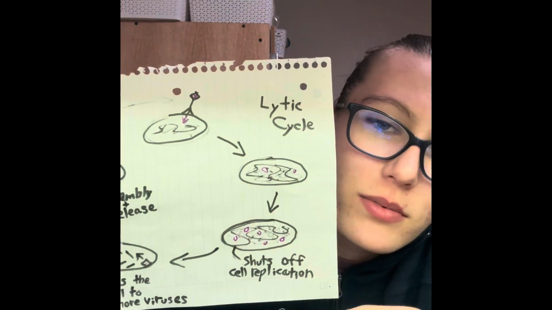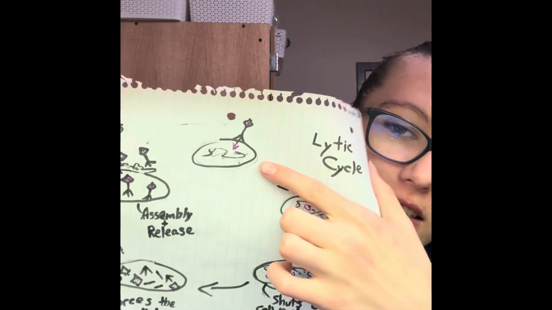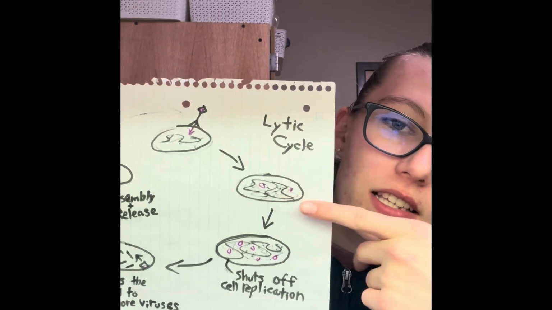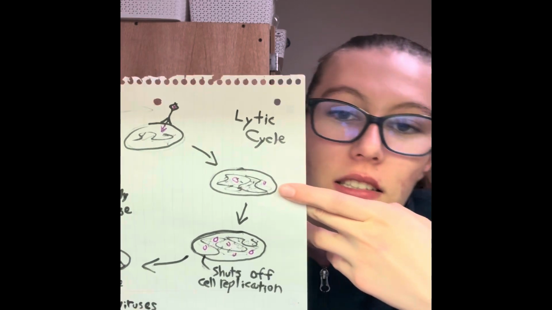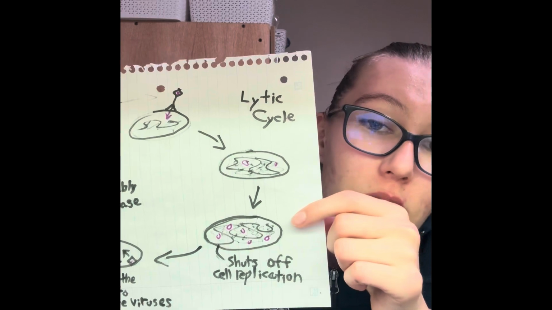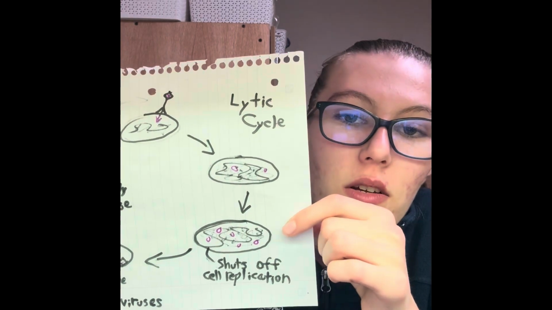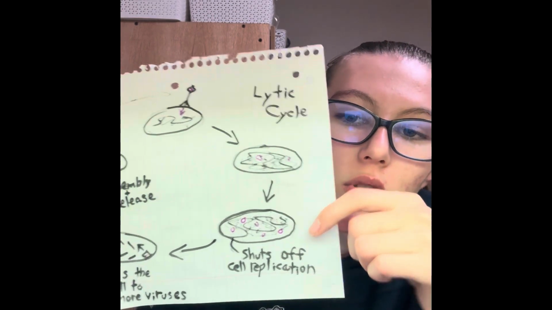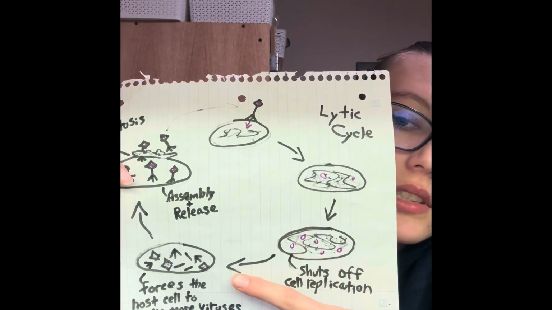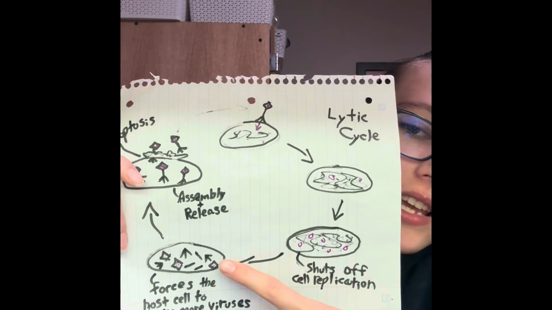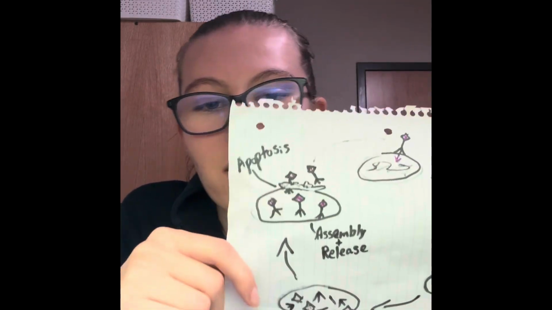Influenza virus infects human respiratory cells, such as that one, and injects its genetic material, and then it stays in there, and the cell doesn't know that it's been infected. While it's in there, it shuts off cell replication so that the organelles in the cell are only being used to reproduce more viral genetic material, or the parts of the virus, such as the head, the tail, and the sticky ends.